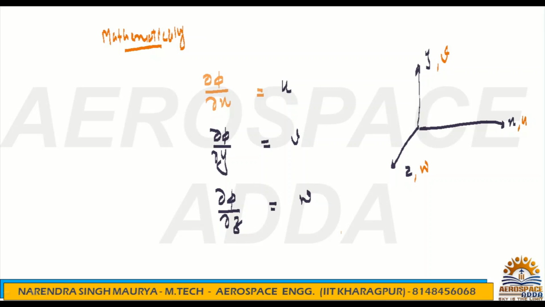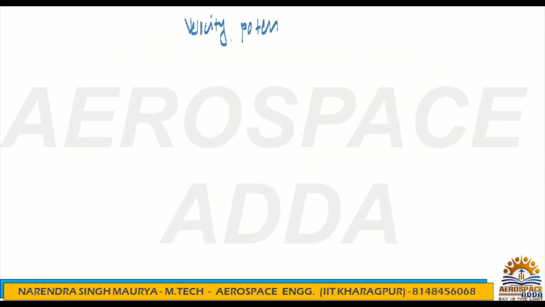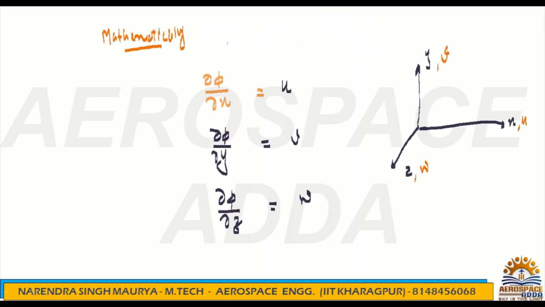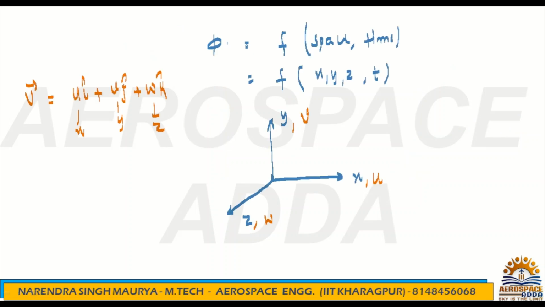Okay, right? Velocity potential function in polar coordinates. Here, what you had seen was the velocity potential function for the Cartesian coordinate.